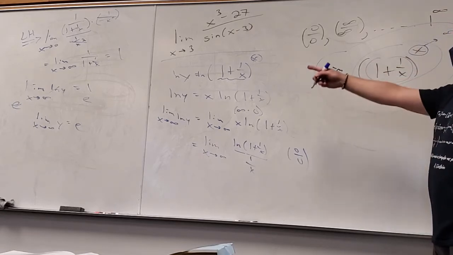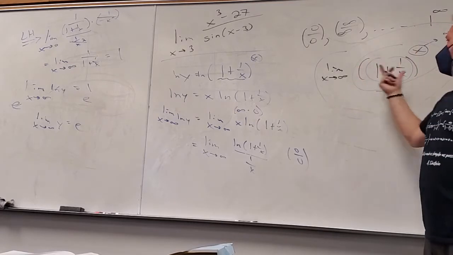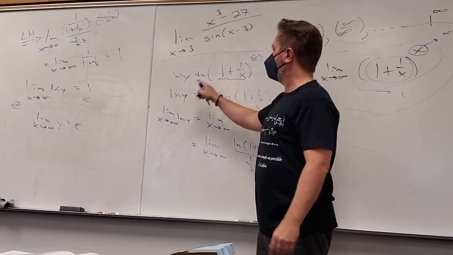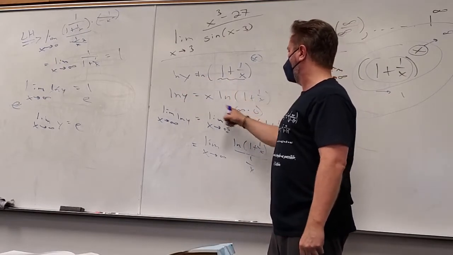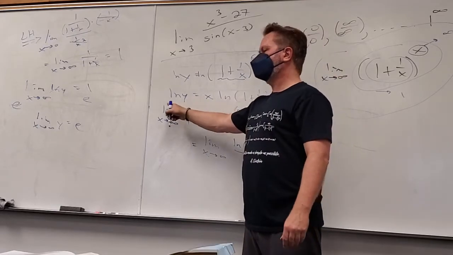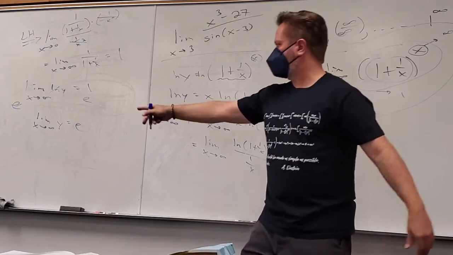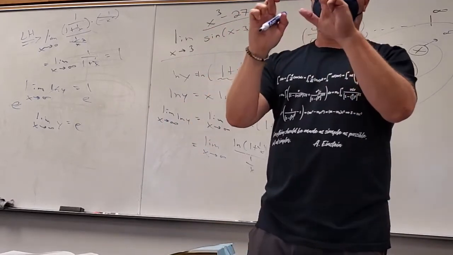I could call it f of x, I could call it y. That's a function I want to know the limit of, correct? But once I called it y, that let me do things to both sides, yes? So then if I find this limit, I'm going to raise e to it, so I can kill this natural log, and then I'll know the answer for y, which is the original question.